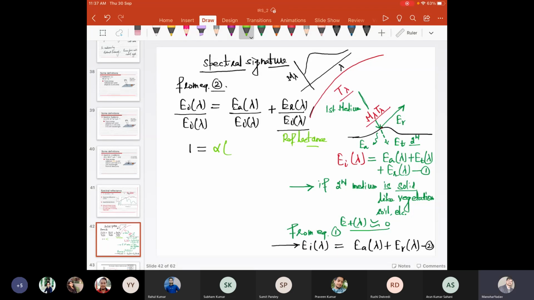Let's say if we have an MCQ: alpha, the reflectance. The first option is independent of lambda.